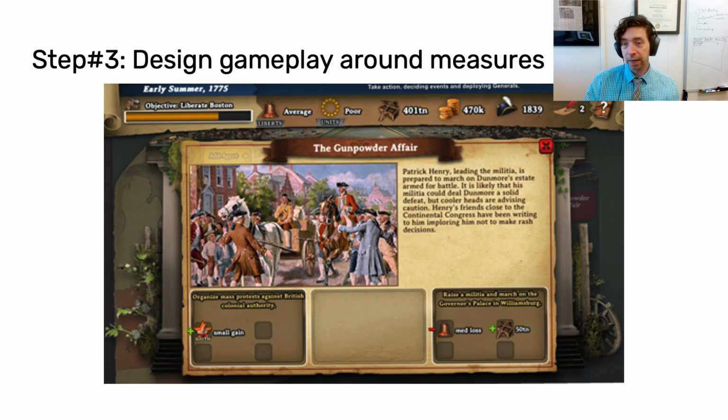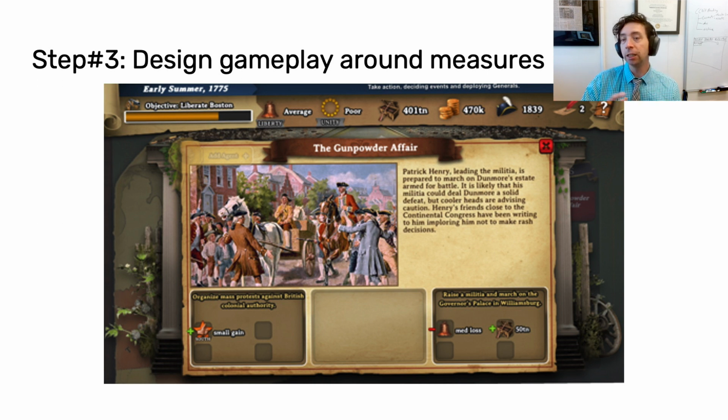By doing that, we're reinforcing the idea that every single decision you make is tied to which entity is doing it. So in an educational setting, when this is done with a post-testing experience, we know that players have been learning the entire time what things Congress is good at, what things the army is good at, and what things the states are good at, so that we know they can answer questions about that at the end of the experience.